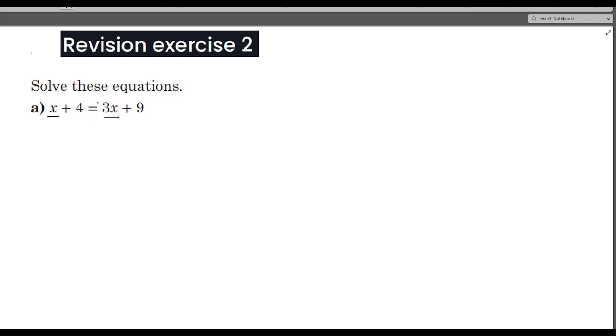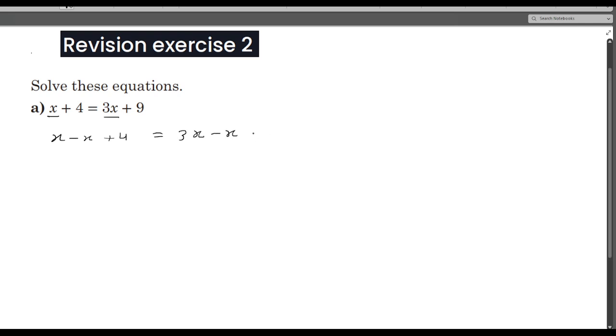First I am going to use the basic method, which is addition of the same thing on both the sides, or subtraction or multiplication or division. Here you have x plus 4 on the left side and 3x plus 9 on the right side. I can subtract x from both the sides. So it is x minus x plus 4 is equal to 3x minus x plus 9.